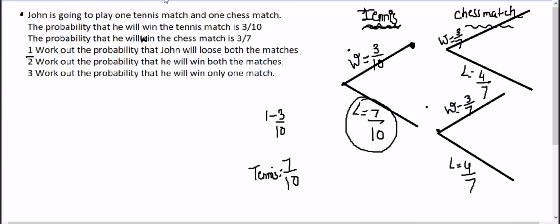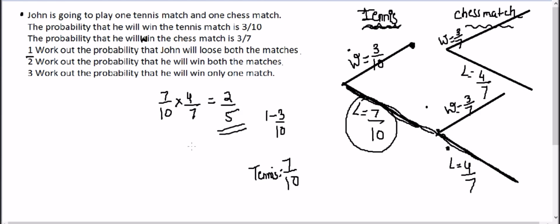So we select the losing branch for tennis, which leads us to these two, and we select the losing one, 4 by 7. The probability that he will lose both matches is 7 by 10 multiplied by 4 by 7, which gives you 2 by 5. You need to multiply them together.